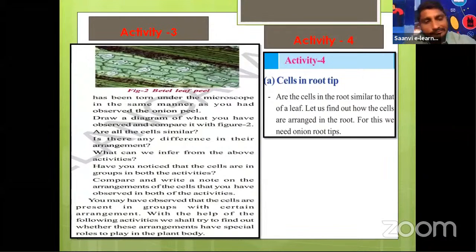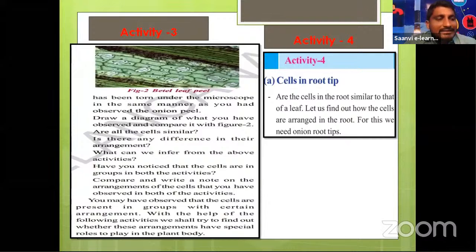Okay, the next question. Is there any difference in their arrangement? Please observe and think. See children, here they are arranged compactly.